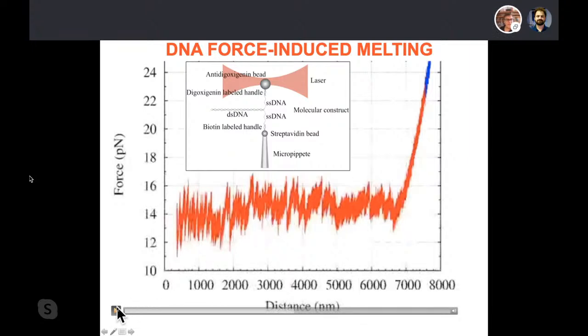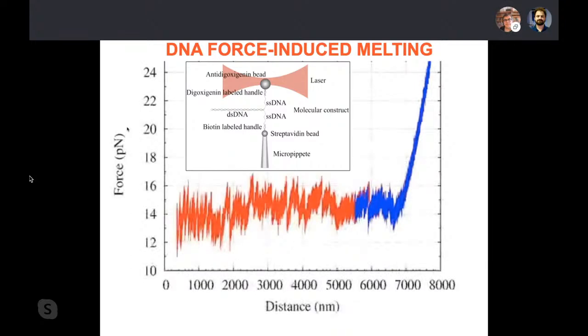Now, if I continue this experiment, and once I have unzipped the DNA, I rezip my DNA, I observe the following. It's fully reversible. And that's remarkable, okay? Because here you are breaking molecular bonds, and you have a single-stranded polymer completely unzipped, completely dissociated, that reforms to the proper native structure.